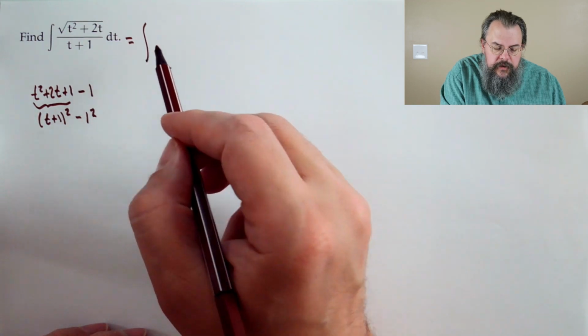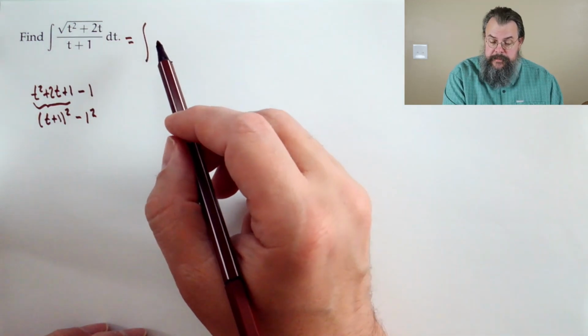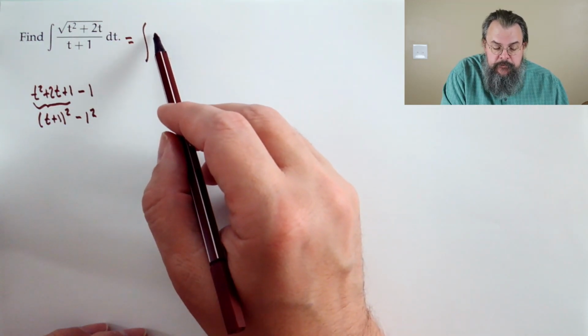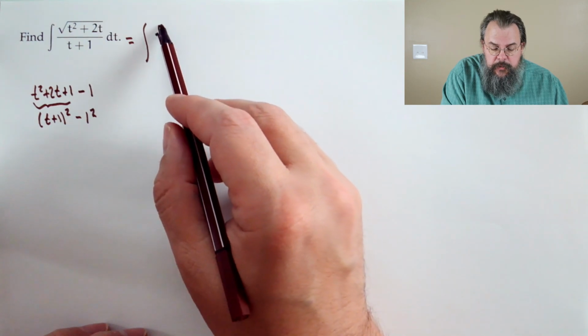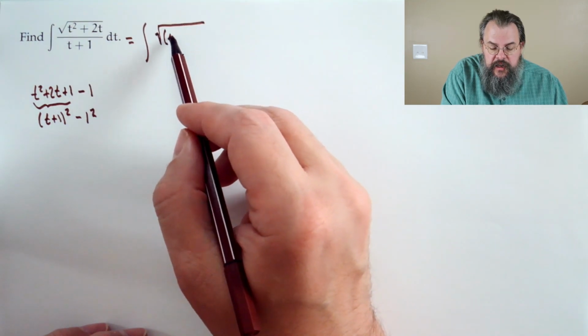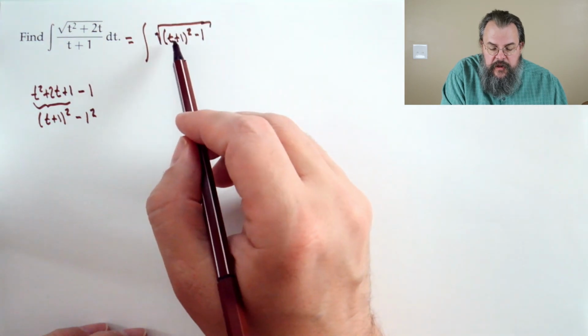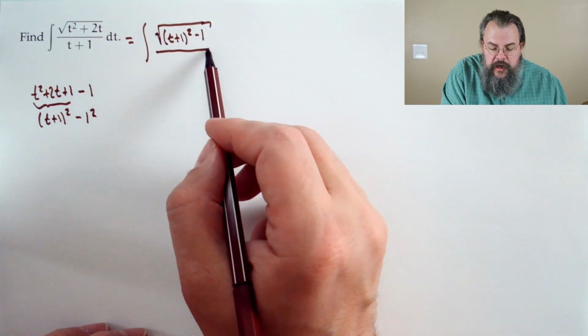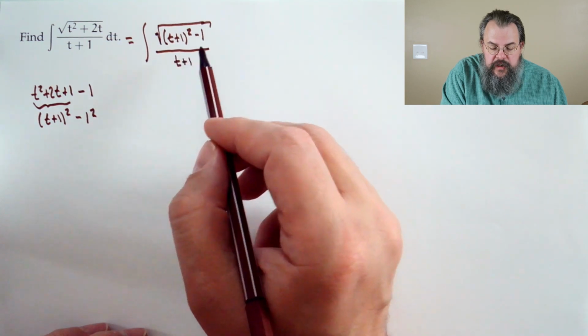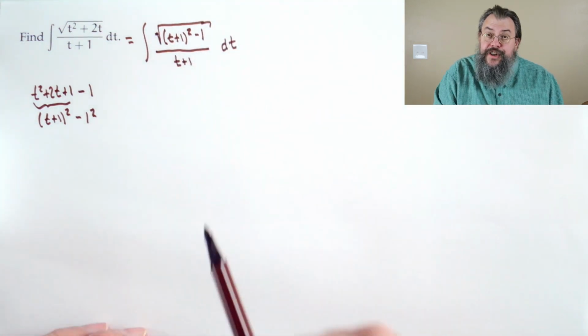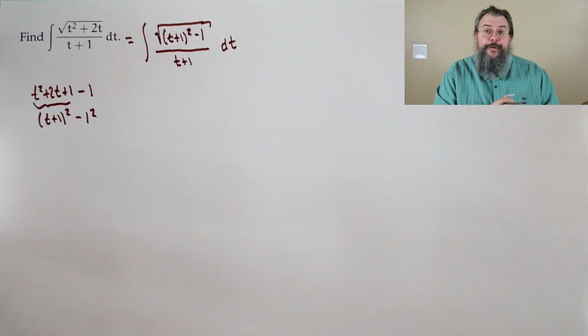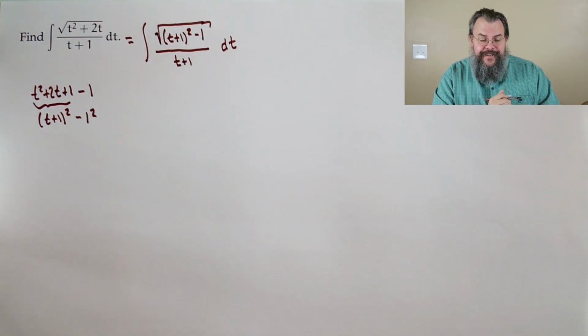Now, we sort of say, oh, this is promising. And the reason we say this is promising is notice that the t plus 1 there matches with the t plus 1 downstairs. So that's actually a good sign. I feel like we're going in the right direction now.